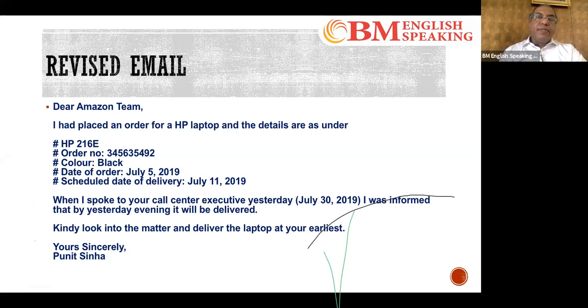So always remember the last line of your email should clearly say what action you want the reader of this email to take. By the way, one research has suggested that 80% of the emails require action for the reader to take.